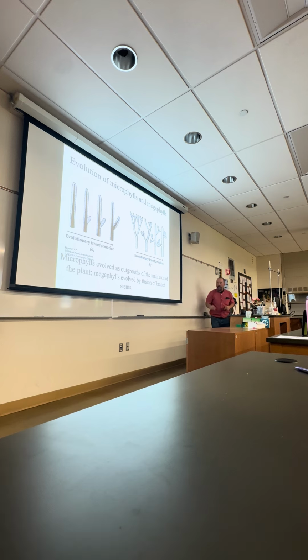So hypothetically, what's going on? Microphylls evolved as outgrowths of the main axis, right? So when you look at these microphylls over there, it's pretty much just branching of the main axis. And some megaphylls too, this branching, where then you fill in the tissue in the middle for collecting sunlight.